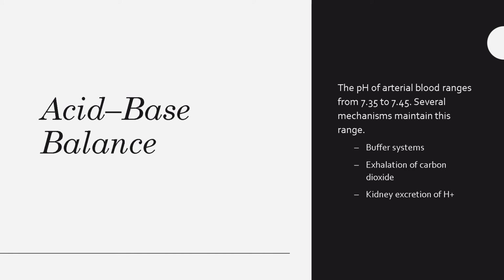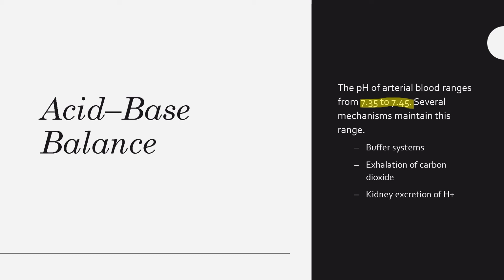Okay, we're going to go over acid-base balance a little bit and how your body kind of maintains the acid-base balance of your fluids. So in general, the pH of your arterial blood has quite a small range. So we're really going to range from 7.35 to 7.45. And really your body tries to maintain the pH level within that range.